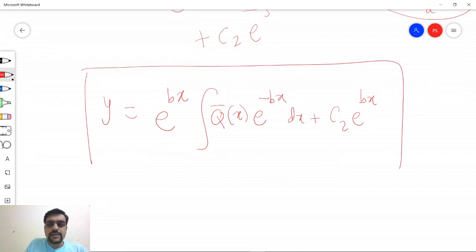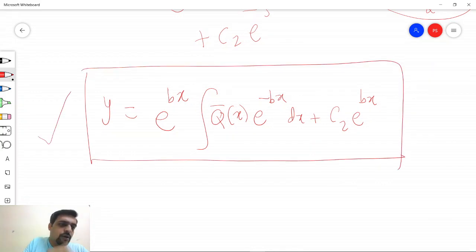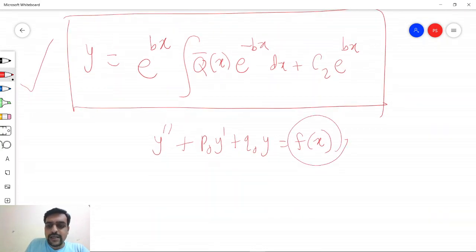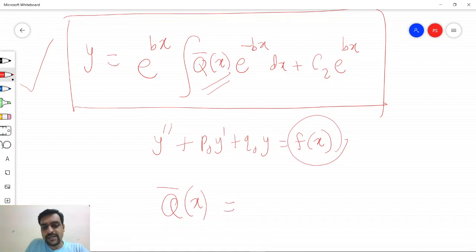This is the required solution y of the differential equation y double dash plus p0 y dash plus q0 y is equal to f of x. Note that this f of x is hidden in this q bar of x, because q bar of x itself is a complicated expression which gives e raised to minus bx integral f x e raised to bx dx.